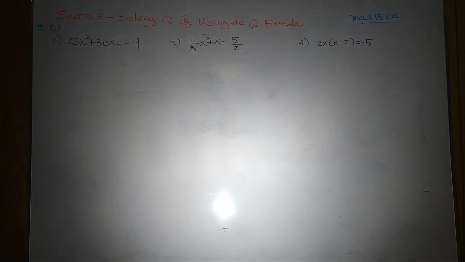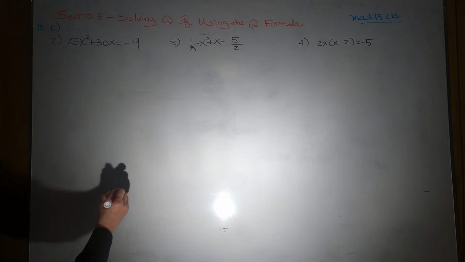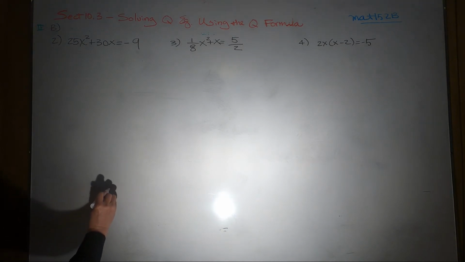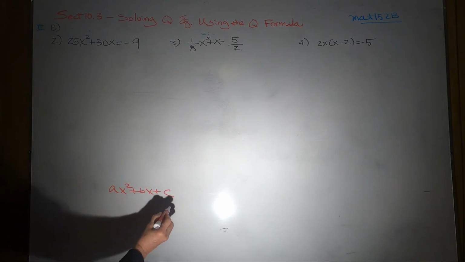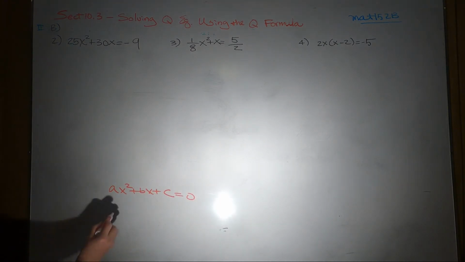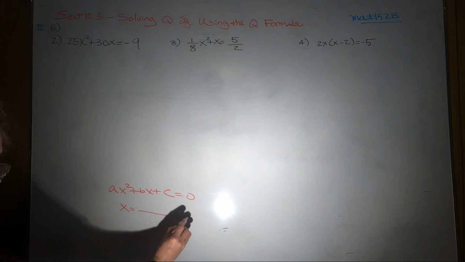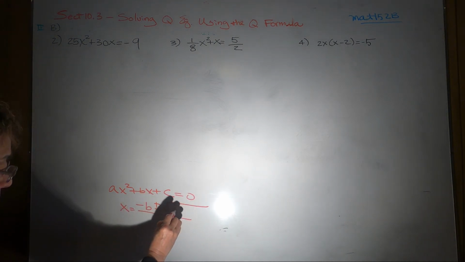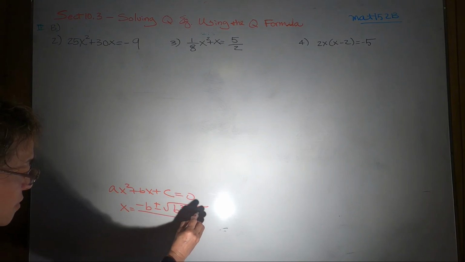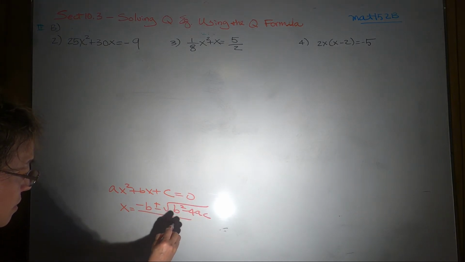What is the quadratic formula for solving the quadratic equation ax squared plus bx plus c equals 0? What's your x? X is what? Negative b plus minus the square root of b squared minus 4ac over 2a.